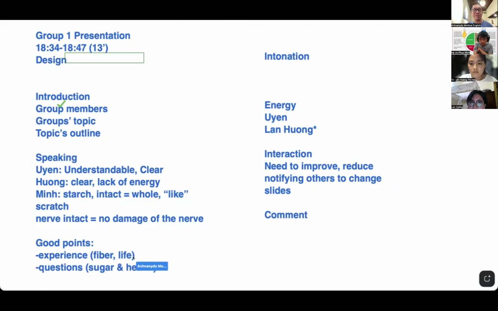From my own experience, before entering the medical university, I didn't know that fiber is a type of carbohydrate. But you can see that in this topic here, fiber is a type of carbohydrate. I love that idea. Sharing about your experience, your life, and your knowledge.